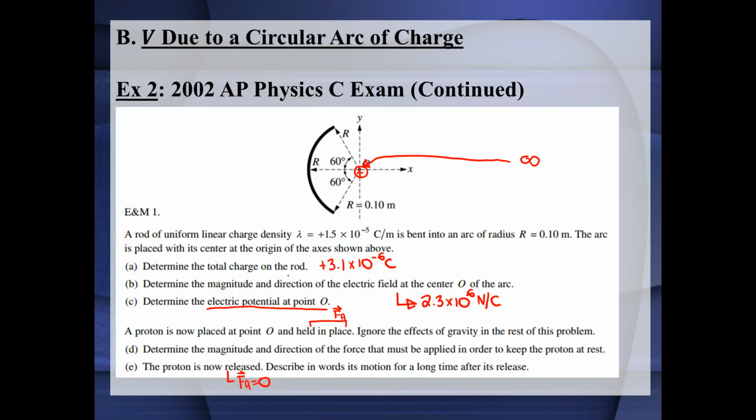So if we go back here, what's going to happen is as this proton starts to make its way towards the right, the further you get away from the arc of charge, the weaker the electric field is going to get.